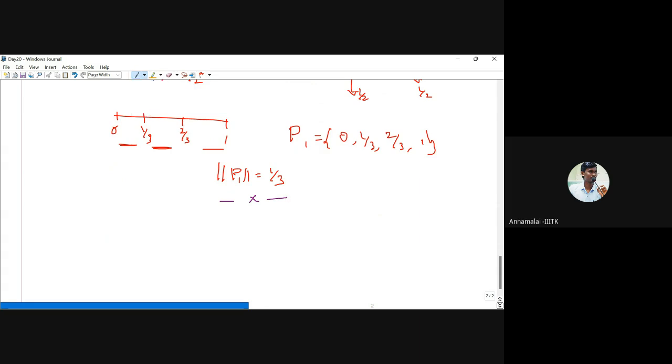Suppose we have a function f from the closed interval a comma b to R. A function is given. Now, what is the graph of the function? It is a bounded function, because we define integrability only for bounded functions. Therefore, f is a bounded function.